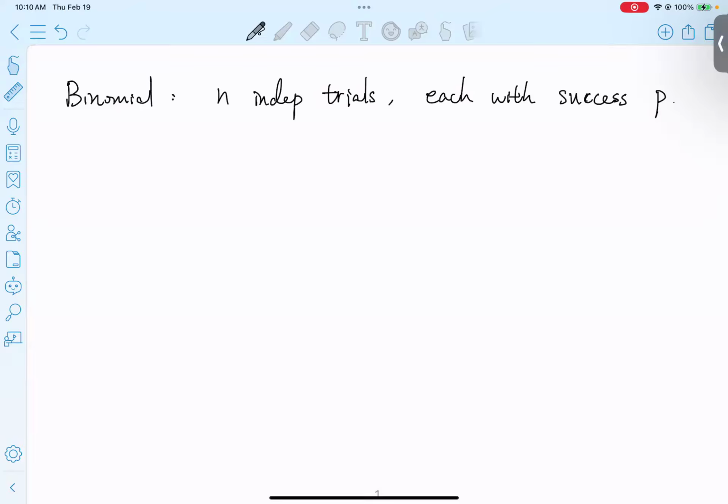If you're given a context like that, and you are also given these two parameters, then you are safe to use the binomial mass function to calculate the probability of the event that the question asks about. And then for the Poisson, it's like it was asking for the number of successes.